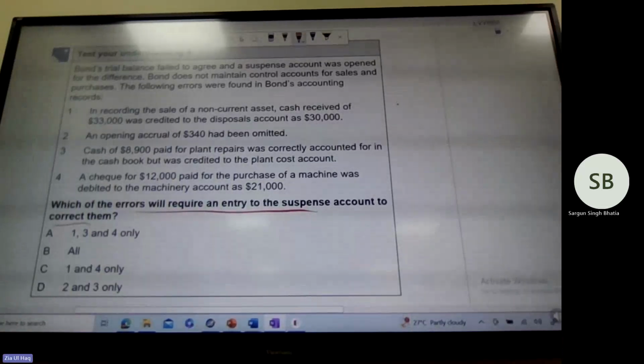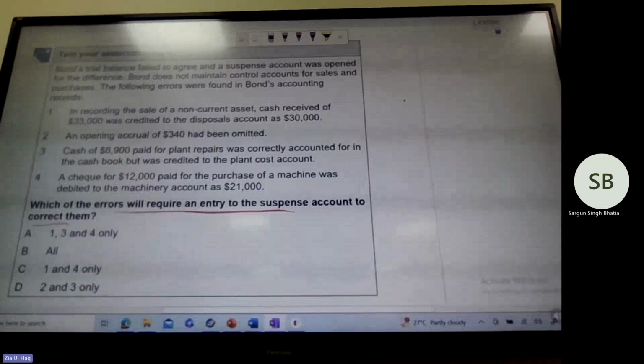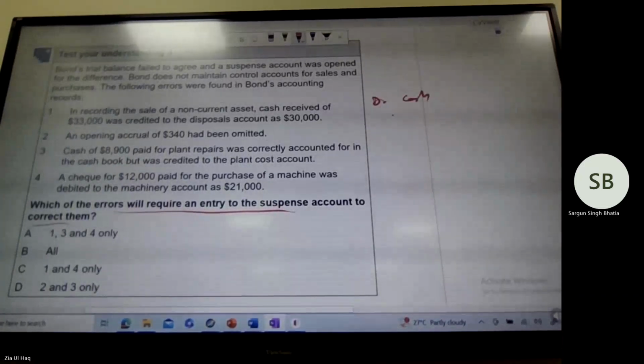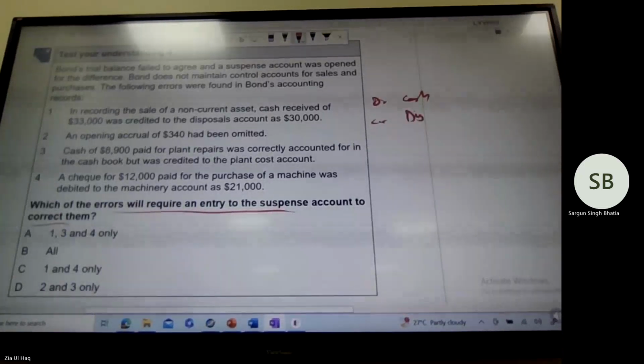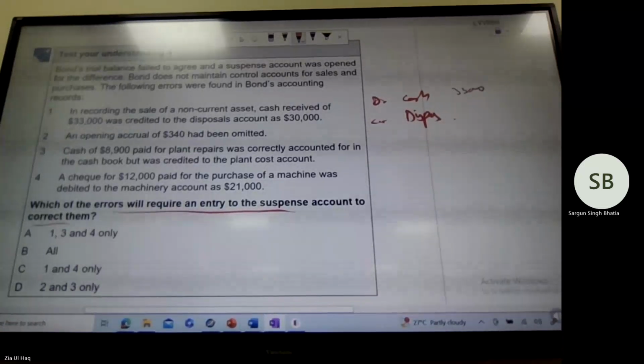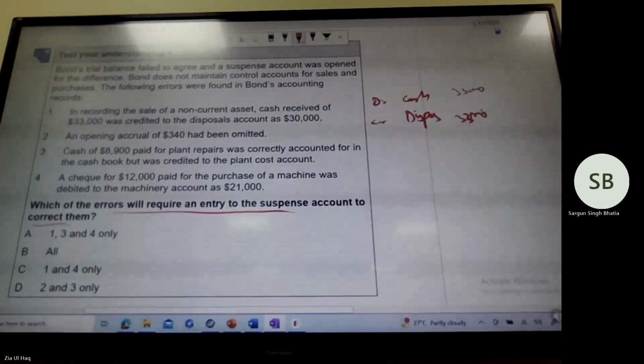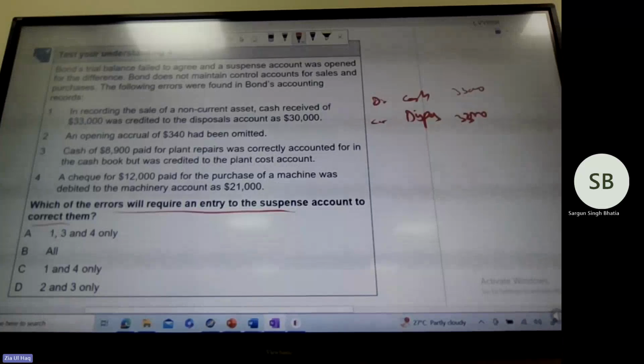What is the normal entry of asset disposal? Debit cash and credit disposal. How much is the amount? 33,000. What have they done? In recording the sale of the non-current asset, cash received of 33,000 was credited to the disposal account as 30,000.